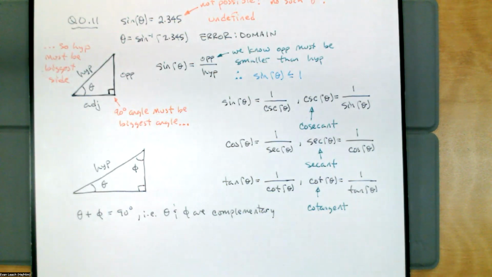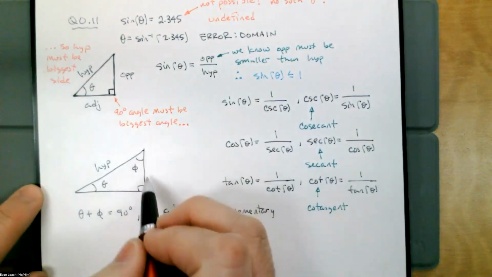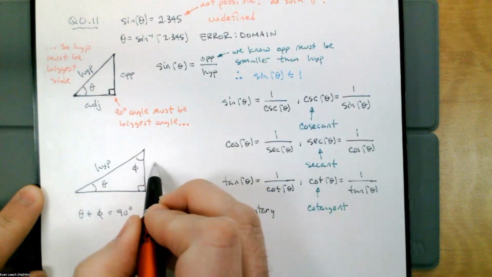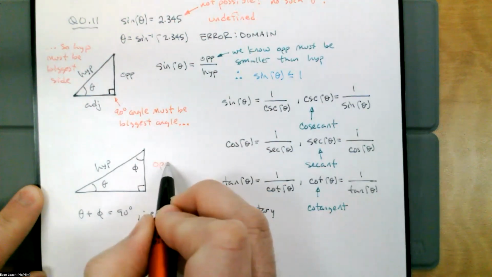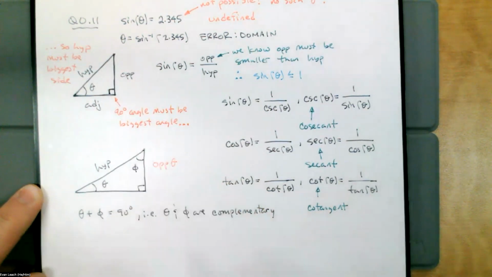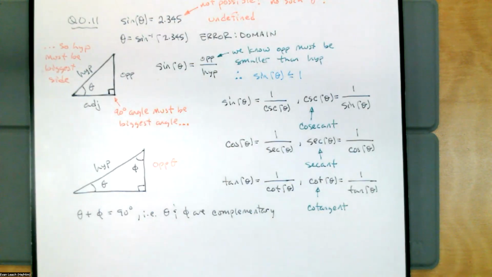We've labeled the hypotenuse because every time we look at a right triangle, we have to label the hypotenuse to make sure that we can identify things like opposite and adjacent. Now we've got two angles named. So one of the sides, this vertical side, is opposite theta. But how is this vertical side related to phi?